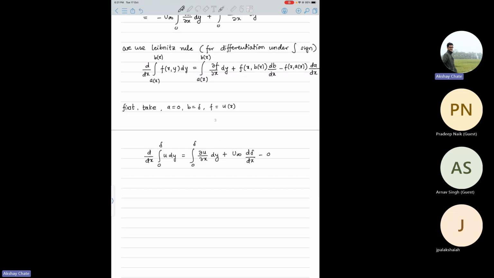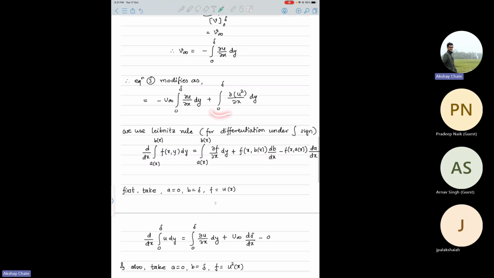And also for the second term, take a equal to 0, b equal to delta. They remain as it is, but now f changes. F becomes u square, because you have this term, right? So f is u square.